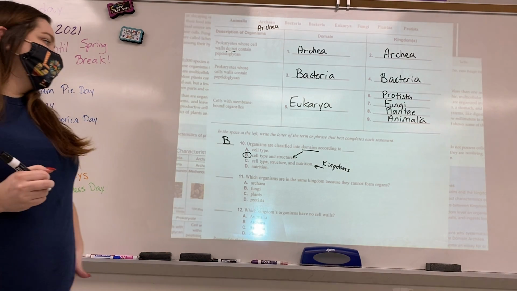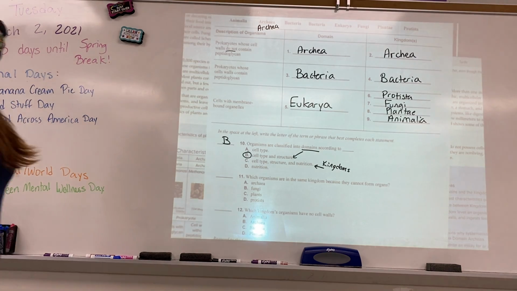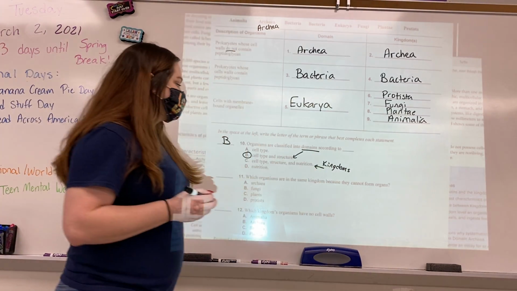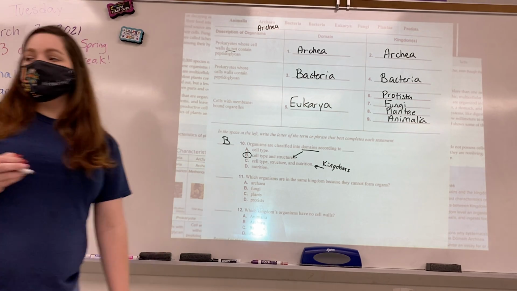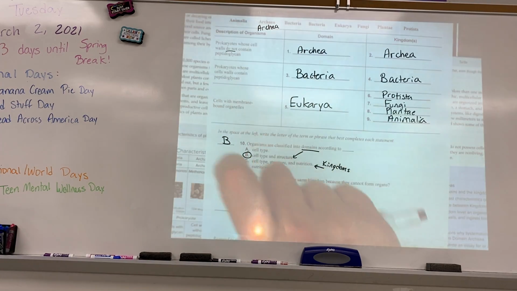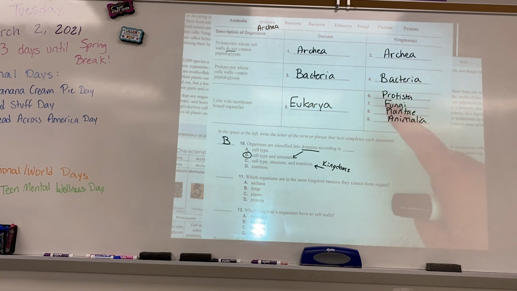Number 11: which organisms are in the same kingdom because they cannot form organs? What you should have done is read in your textbook when you were looking at your Eukarya domain and your protista.